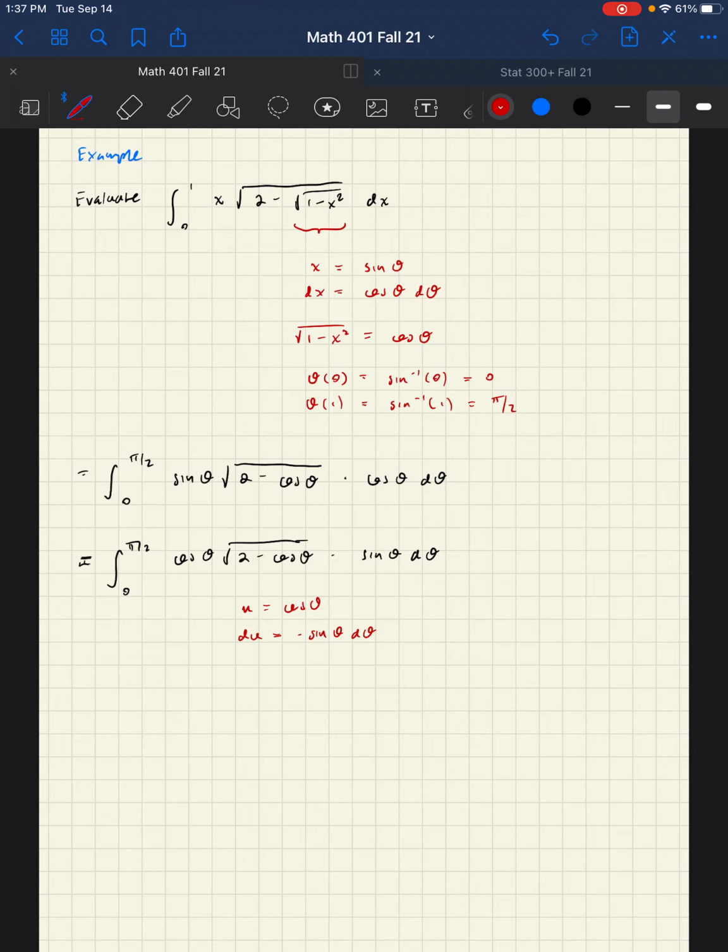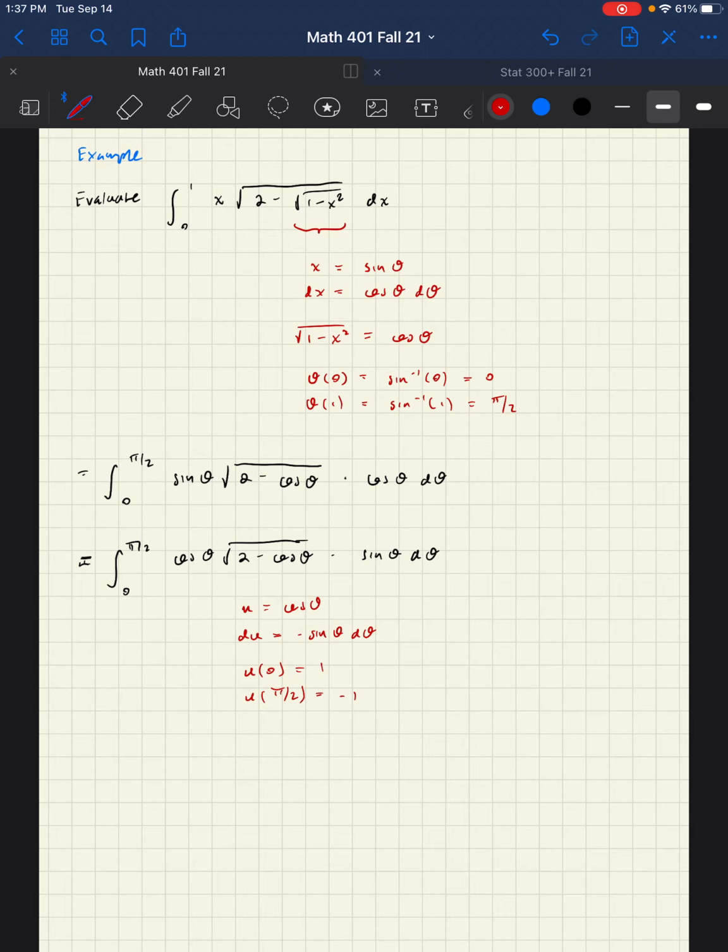And, well, let's transform the limits again. So u of 0, cosine of 0 is 1. U of pi over 2 is root 2 over 2. Okay. Good so far? Not bad, right? Wait, is that right? No, sorry.